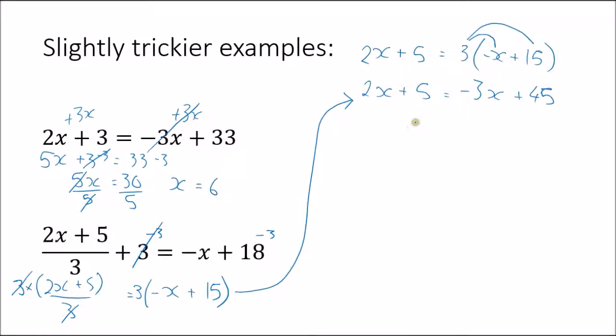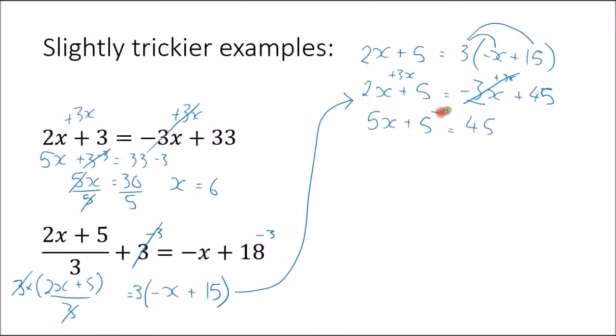So in fact, it does look a lot like this first example here, and I'm going to do exactly the same steps. I'll add 3x to both sides. So I'm getting rid of a negative coefficient of x here, which would be confusing to work with later. So these cancel. I'm left now with 5x plus 5 equals 45.